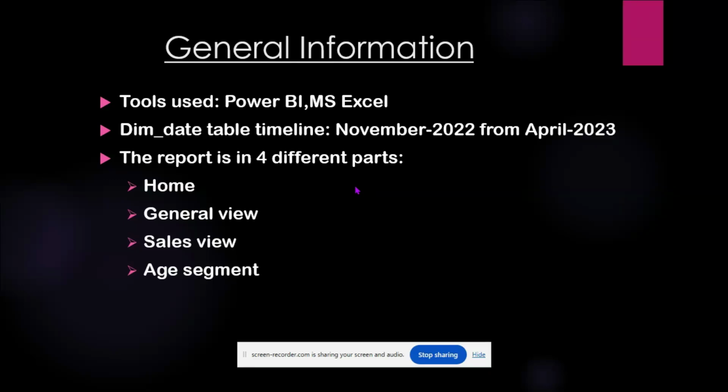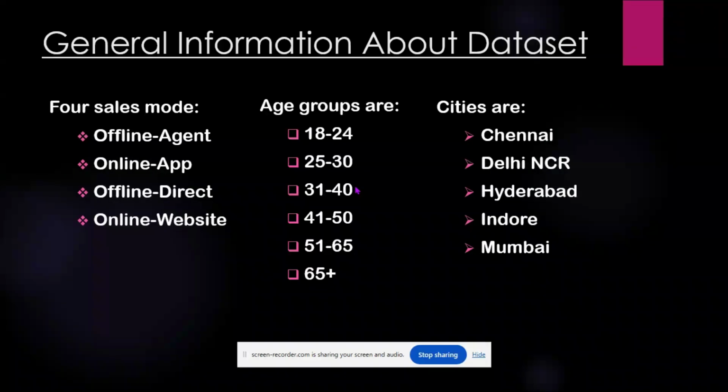The report is in four different parts: home page, general view, sales view, and age segment. The four sales modes available in this dataset are offline agent, online app, offline direct, and online website, and six age groups are available.